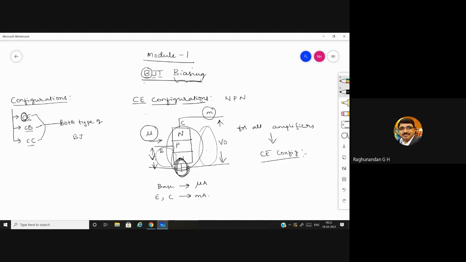That's why we'll be using the common emitter configuration for amplification. So in whatever amplifier circuits we study, everywhere you'll be using CE configuration only. Similarly, we are having CB configuration, CC configuration. Those things we can discuss in the next class.